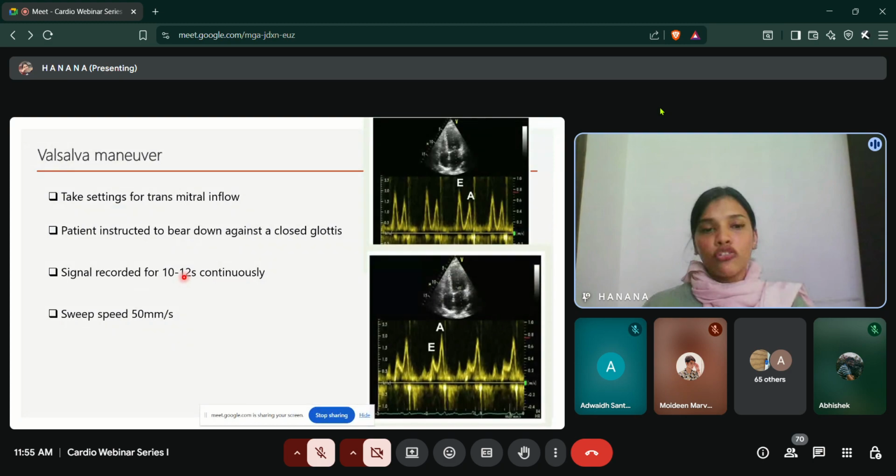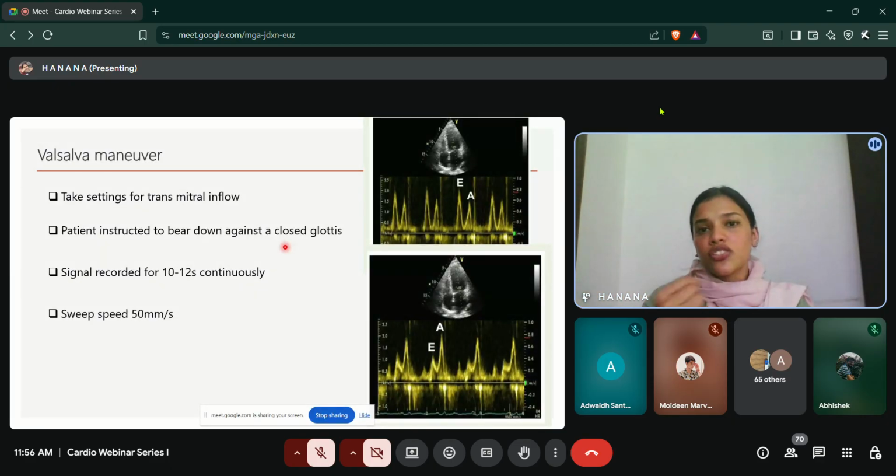You should tell your patient to bear down against a closed glottis, which we actually instruct as: try to breathe by closing your mouth and nose, like please close your mouth and nose and try to do a deep breath.